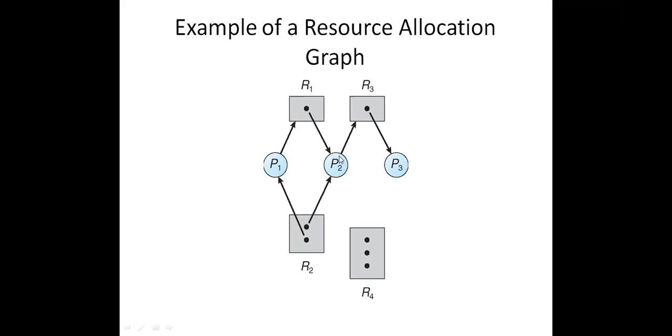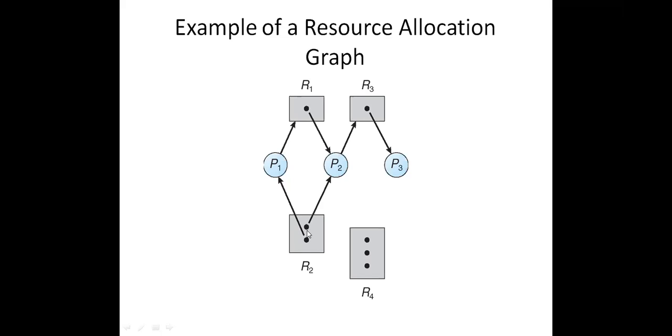And next P2 is requesting R3 and R3 is allocated to P3. I repeat, P1 is requesting R1. R1 is assigned to P2. P2 is requesting R3. R3 is assigned to P3. Okay.